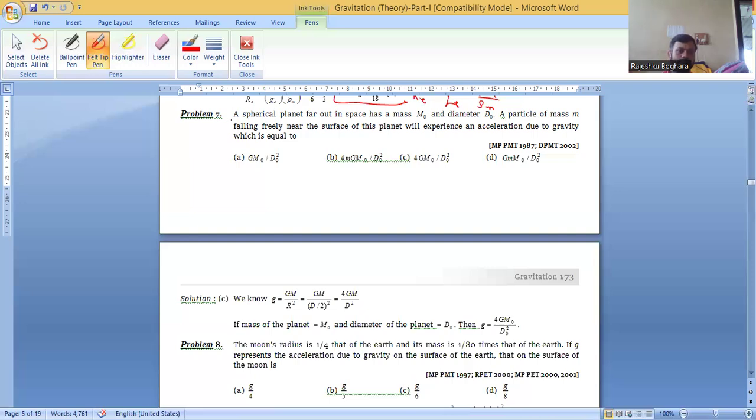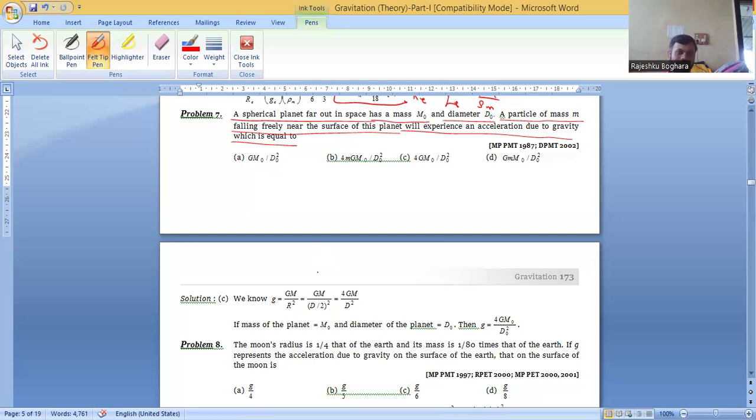Next, a spherical planet far out in space has a mass M and diameter D. A particle of mass m falling freely near the surface of this planet will experience acceleration due to gravity equal to what?